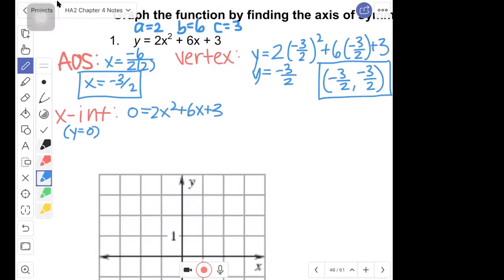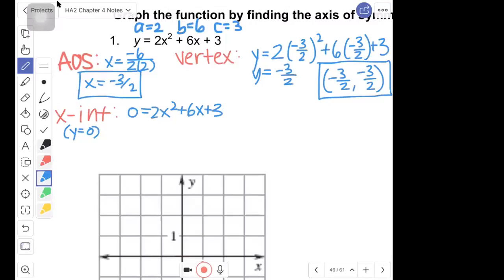But what were you thinking? Would you just subtract the 3? So if you subtracted the 3, and then what are you doing after that? Or would you just factor? So we would have to factor this in some way.